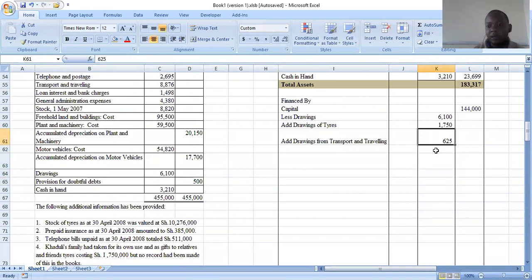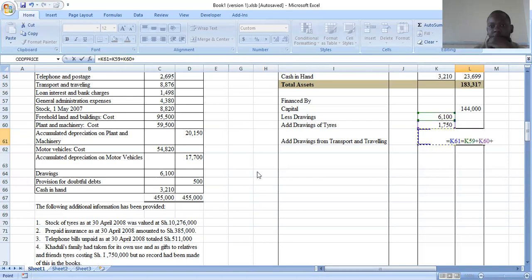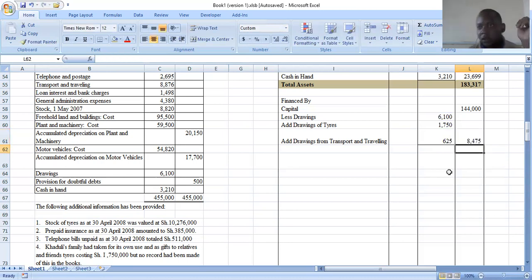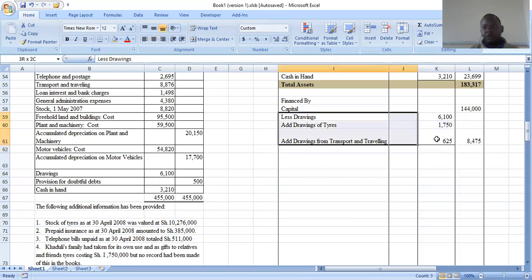So in total, drawings are equal to 6100 plus 1750 plus 625, which is equal to 8475. So those are drawings in total.